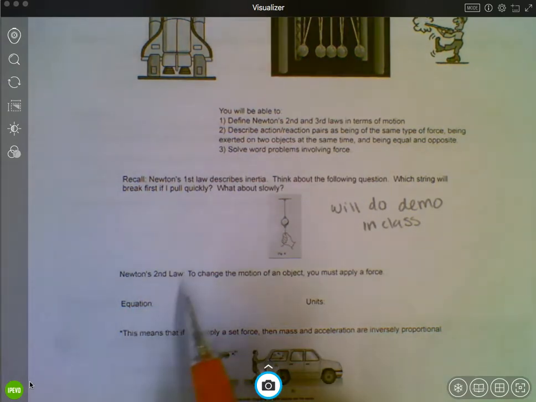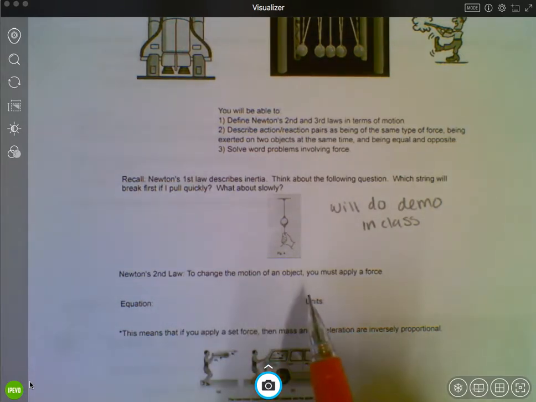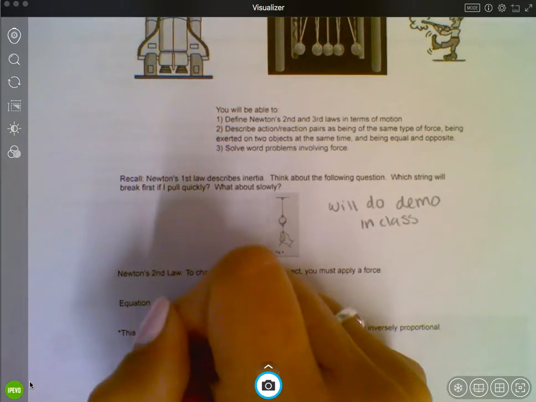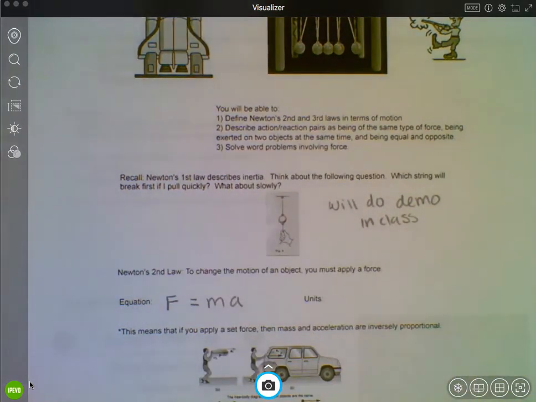All right, Newton's second law. Pretty simple. Newton's second law is just an equation. Basically what it says is to change the motion of an object, you must apply a force. You could also say to accelerate an object, you must apply a force. The equation is one of the more famous physics equations that most people know, or at least have seen.